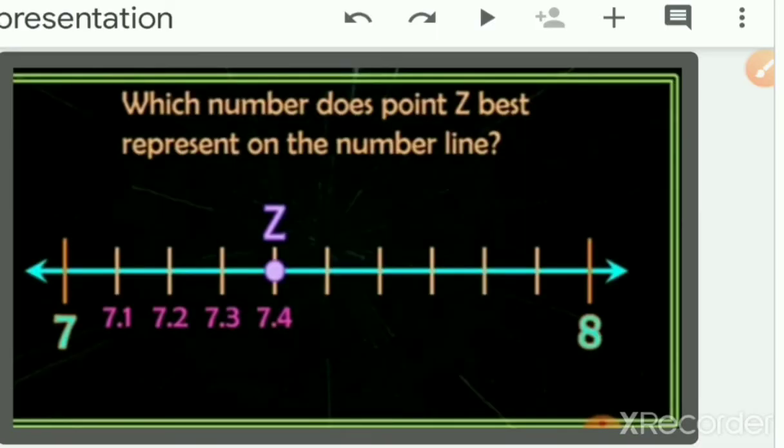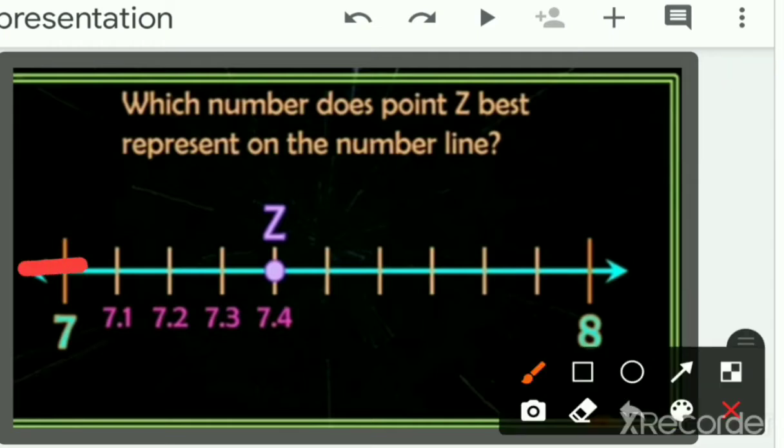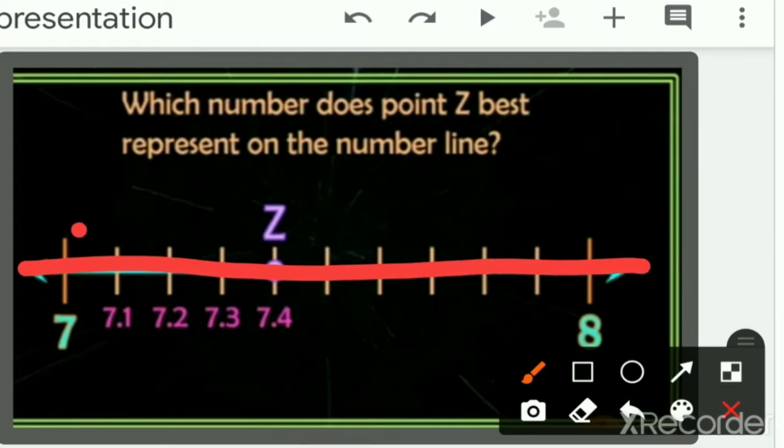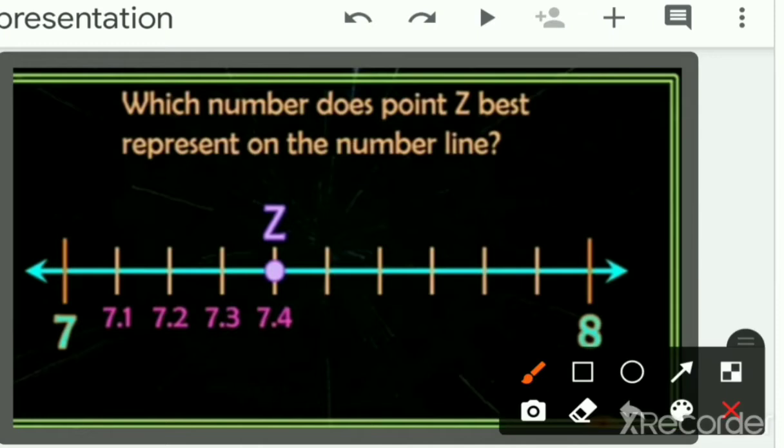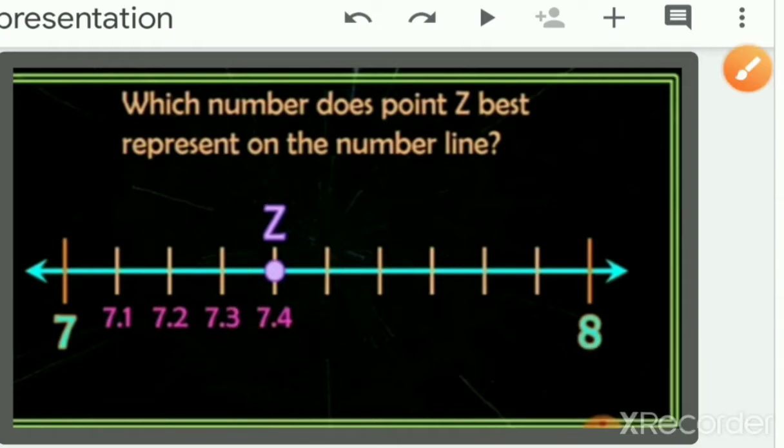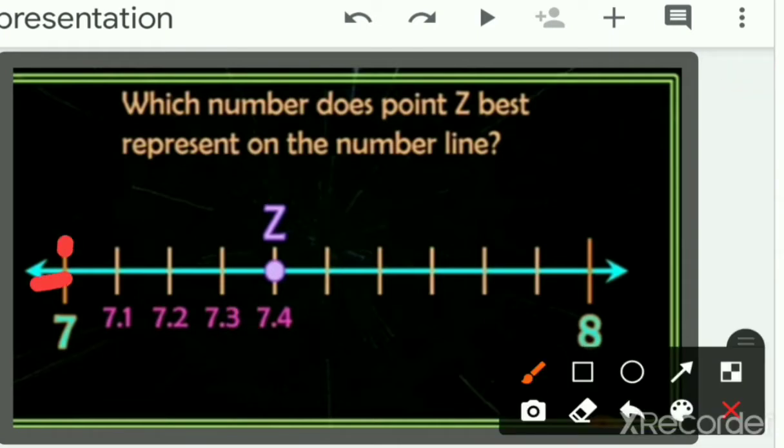Next we have: which number does point Z best represent on the number line? This is the number line, and this is the number 7 and this is the number 8. We have to find which number Z represents.